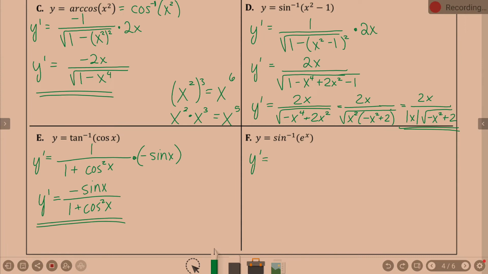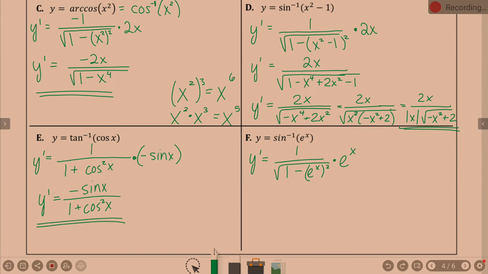Okay. F. Derivative of sine inverse of something. Okay, you guys got it? 1 over square root of 1 minus e to the x squared times e to the x.